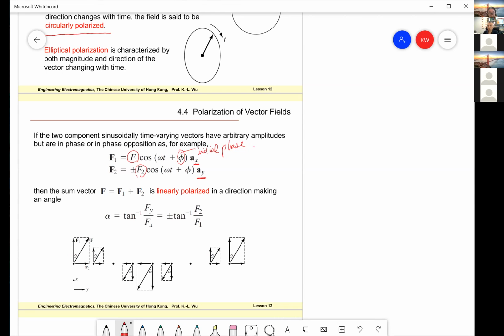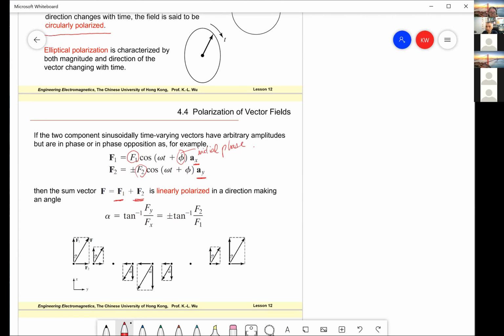Then we can calculate the angle between the two fields. We add field 1 and field 2, so we have the Y component and the X component.